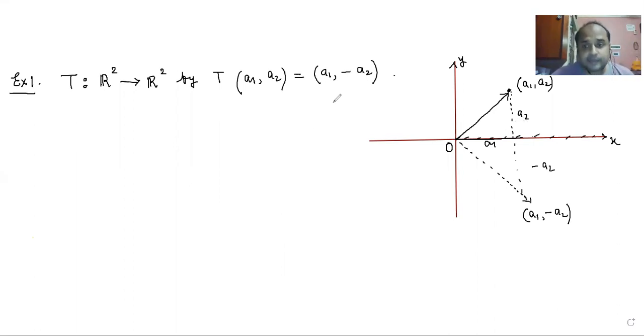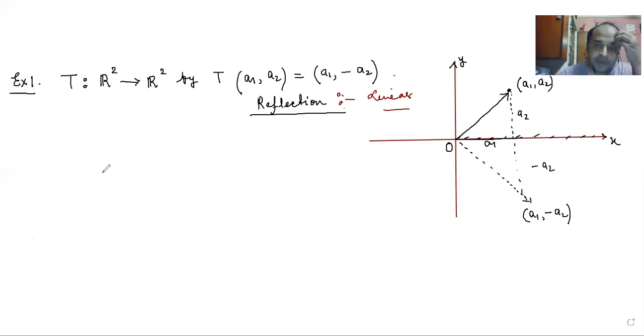As you can see in the book, this particular transformation is called the reflection transformation, and they have mentioned that this reflection transformation is a linear transformation. So I am going to use property number 4, the last property, to solve this problem. I'm going to prove that indeed this reflection transformation is a linear transformation. So let us see how to solve it.